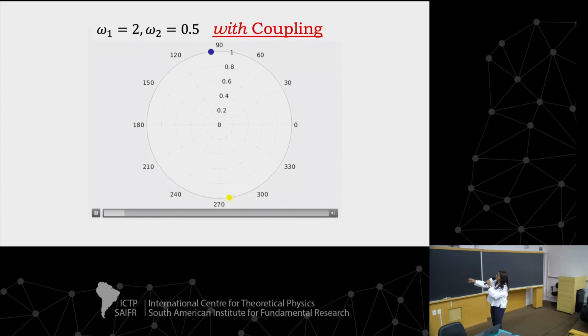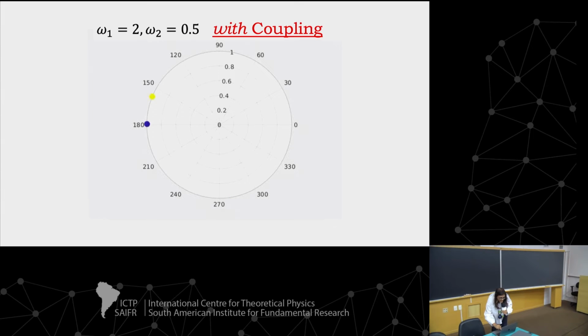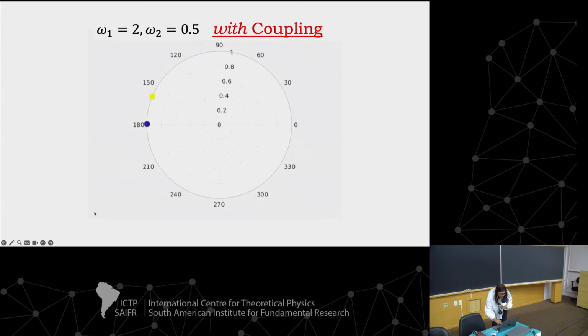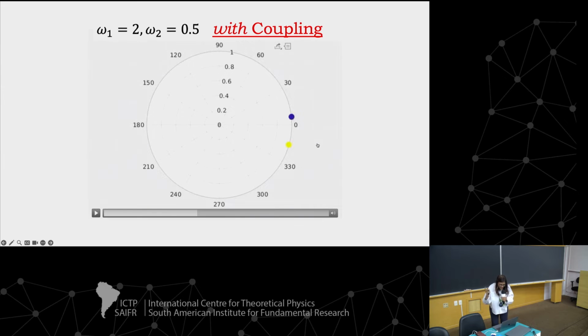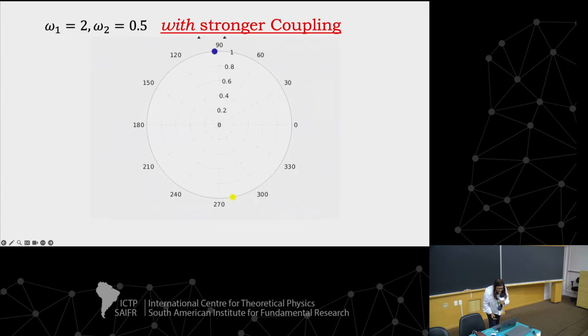It is just getting stopped here. They should actually move at some point, they should get phase locked. Actually, they got phase locked here. It is moving, but very slowly. So you have to now believe whatever I am saying. Then for stronger coupling, they will get synchronized. So both of them will merge together.